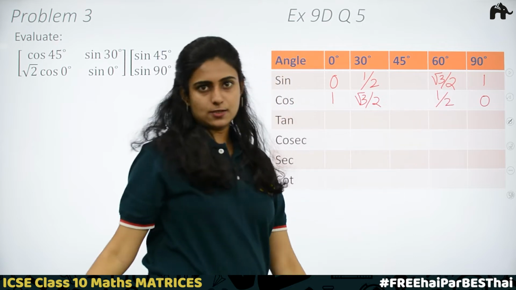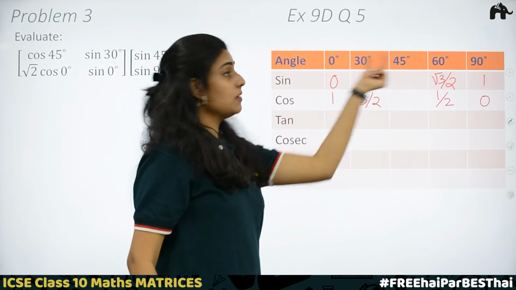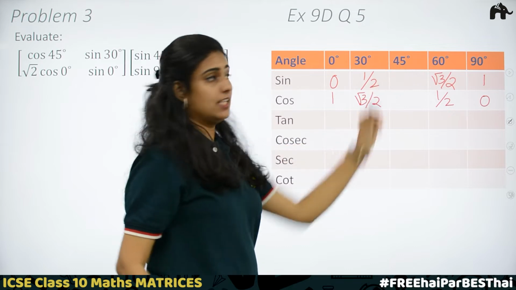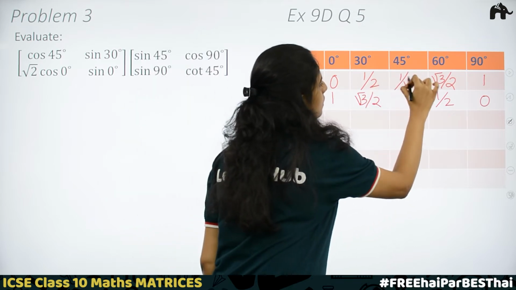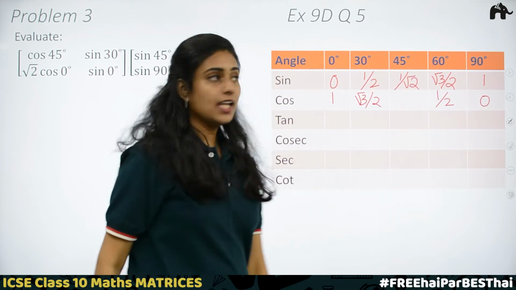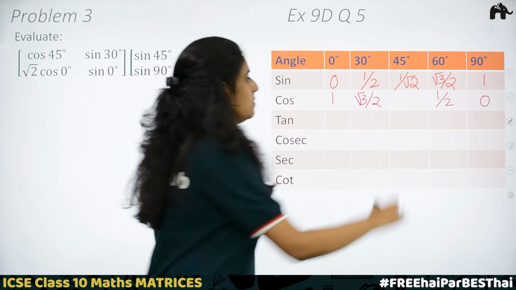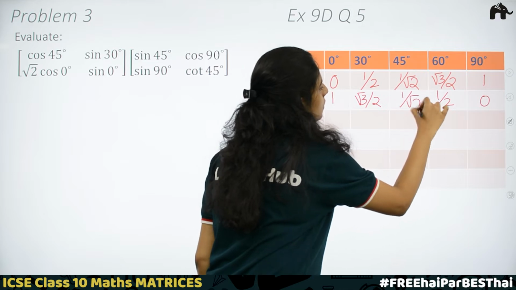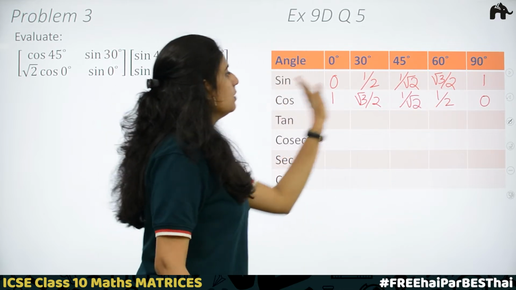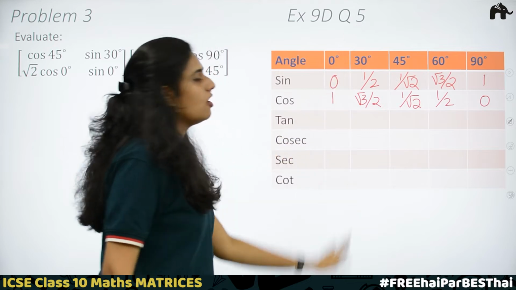Then sine of 45 degree and cos of 45 degree are the same, 1 by root 2. If you remember these values, we can find all other values.